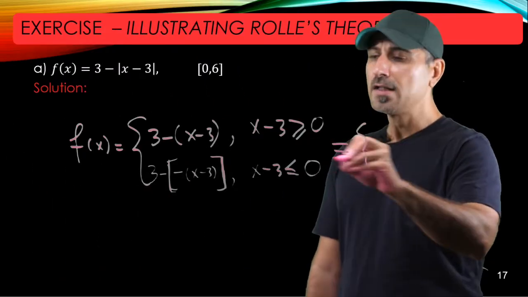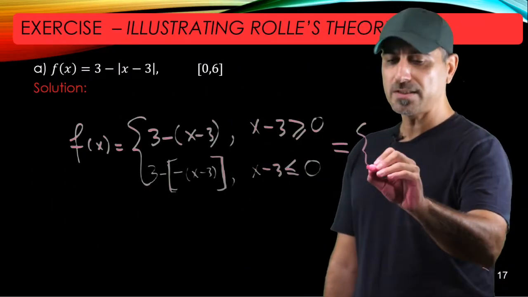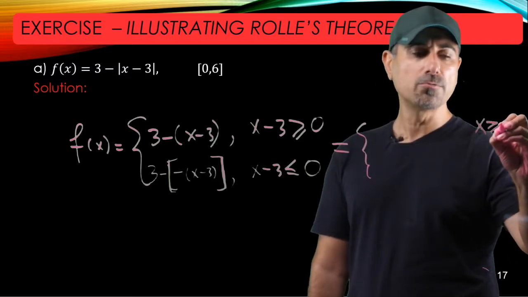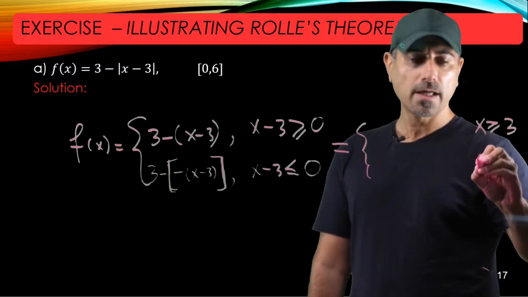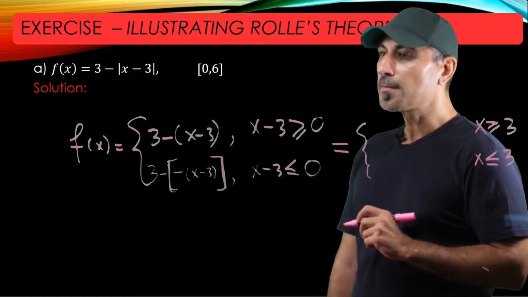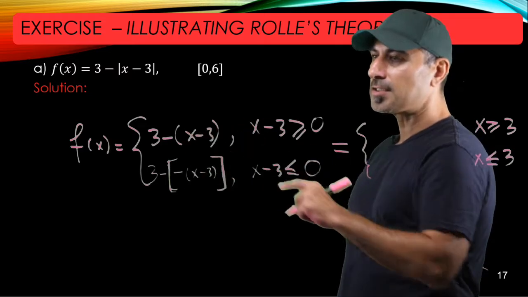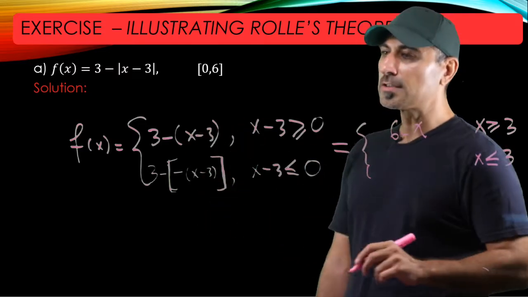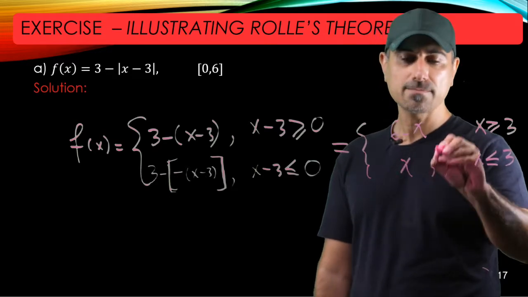You simplify the top and the bottom piece and rewrite the inequalities. So you have x greater than or equal to 3, and in the second piece, x is less than or equal to 3. Then this piece turns out to be 6 minus x, and this one turns out to be just x.